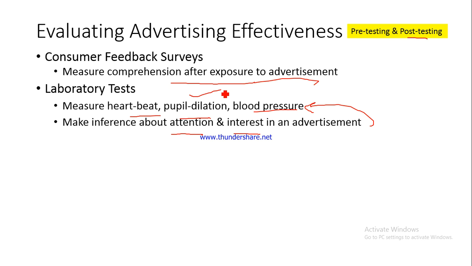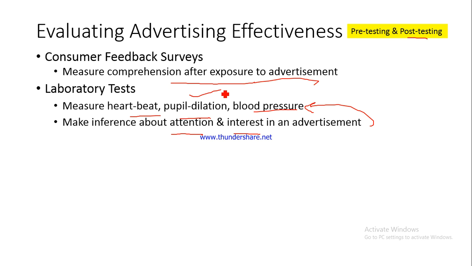So for the subjects who have come for these laboratory tests, I will show them my ad, and then I'll look at the level of pupil dilation. For that I have a measurement instrument called a pupilometer. Based on that I can assess whether the pupil has dilated or not, and this will give me an idea whether he has found my ad interesting or not, right?